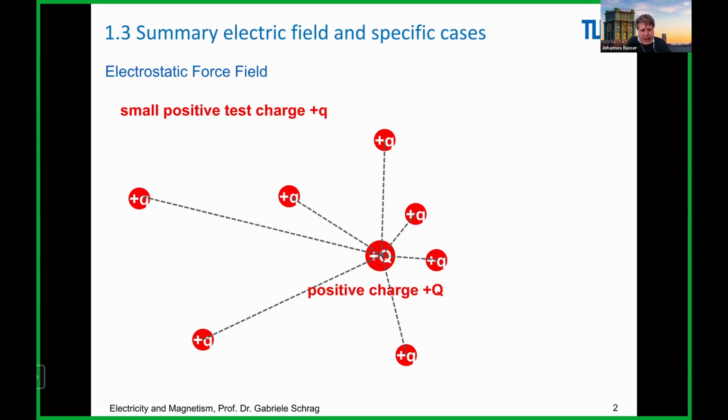You see here a setup where you have a positive charge, denoted capital Q, plus Q. And you have a small test charge that you can place in various positions. You move the test charge around your major charge Q, and you expect that according to Coulomb's law, there is a force acting on this test charge.